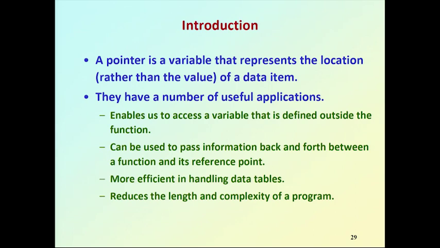So this pointer is nothing but this address, and the data the pointer is pointing to is the data. So pointer is a variable that represents the location. Location is actually the address rather than the value. Value is the data item.